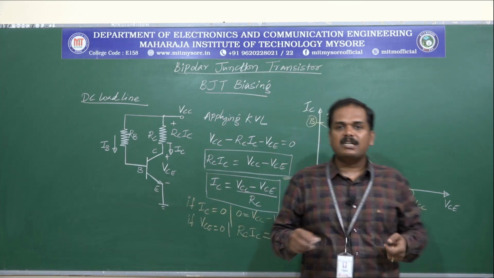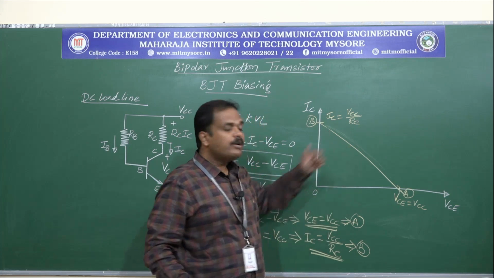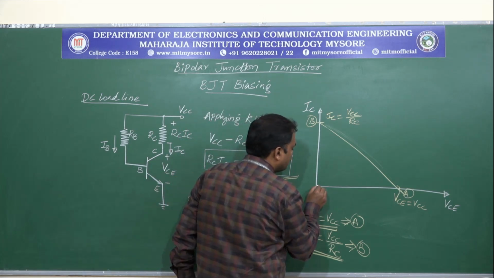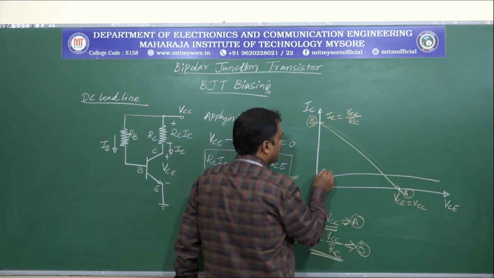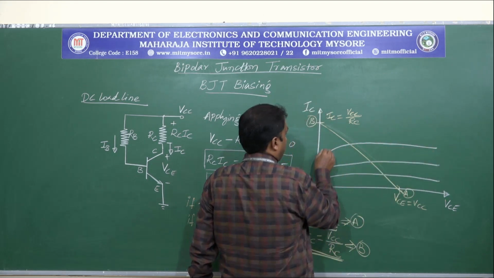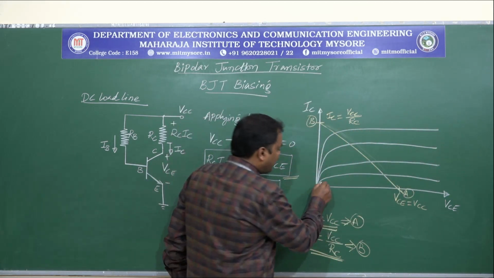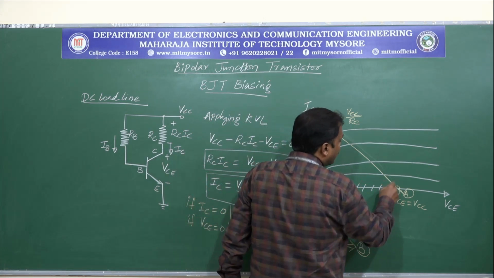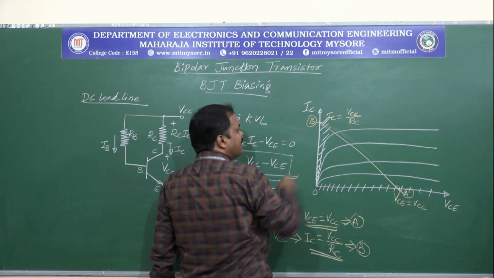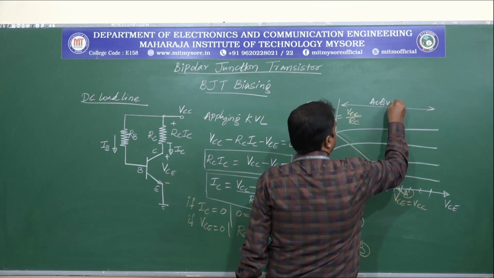Now what information does this DC load line convey? The output characteristics has different regions of operation. Let us consider some curves like this. So now we know that this is the cutoff region, this is the saturation region, and this is the active region.